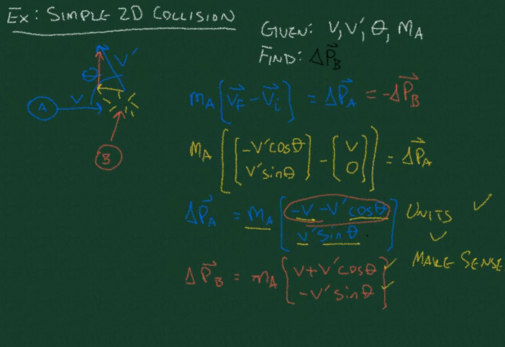The y component's positive, so the momentum of A checks out. If A is left and up, then the momentum of B should be right and down, and sure enough, it's right and down. So that checks out too. Again, this doesn't guarantee that we have the right answer, because we could have made a mistake in the physics, but it at least means that our answer makes sense.